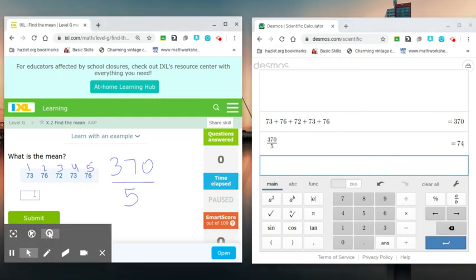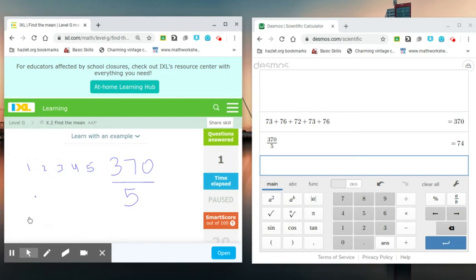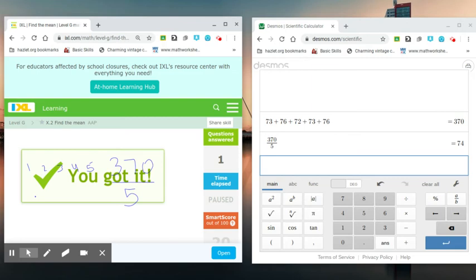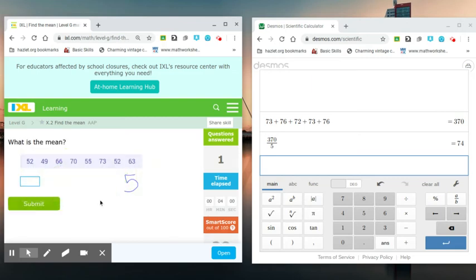Let's go back to this. Then 74. Hit submit. Okay, and then let me just erase. Okay, so now this is a longer one. So same thing, it says mean, we have to add all these together and divide by how many we have.